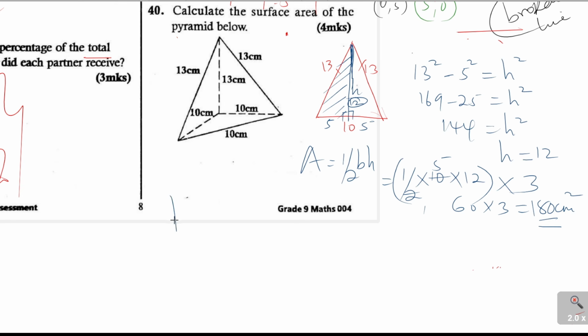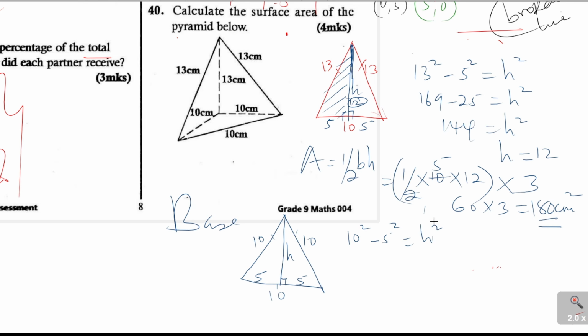So now we are remaining with the base. For the base again, if you sketch it, this one is 10 by 10 by 10. So this one is an equilateral triangle. Again, if you draw a perpendicular bisector, you will have this side as 5, this one as 5 for the base. And then the height, you get it by 10 squared minus 5 squared is equal to height squared.